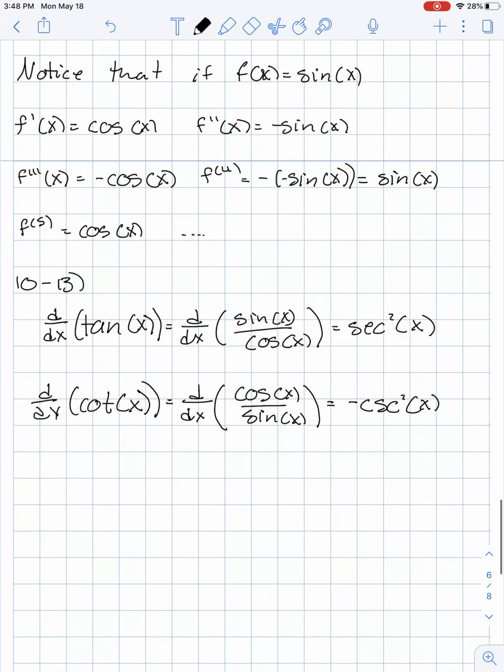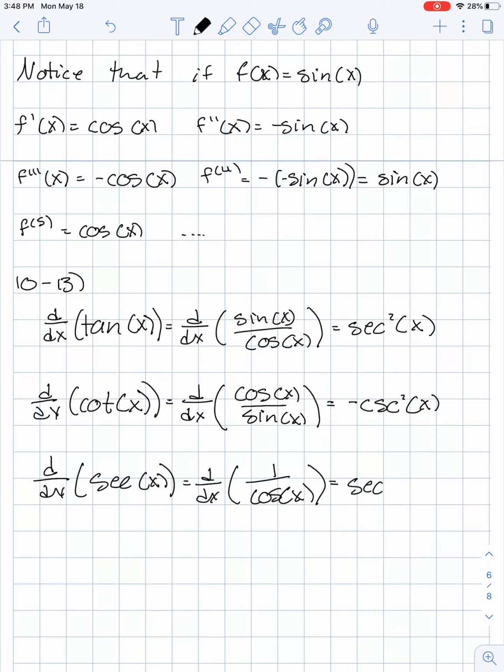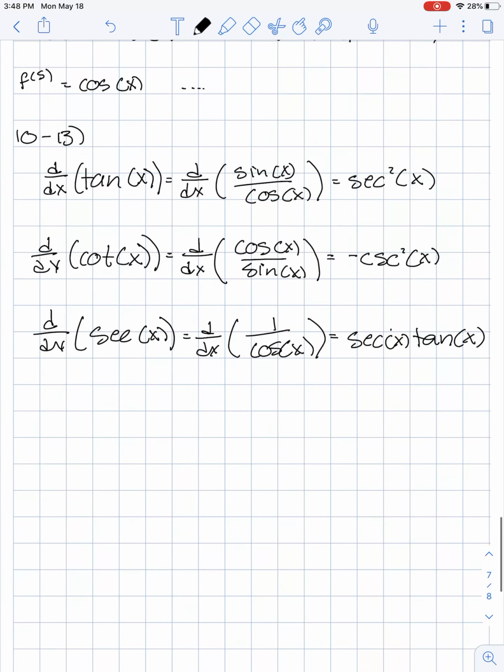And that's going to be negative cosecant squared x. The derivative with respect to x of secant of x is the same as the derivative of what? One over cosine of x, good job. And that's going to give you secant x tan x.